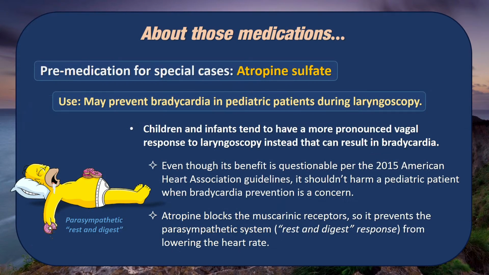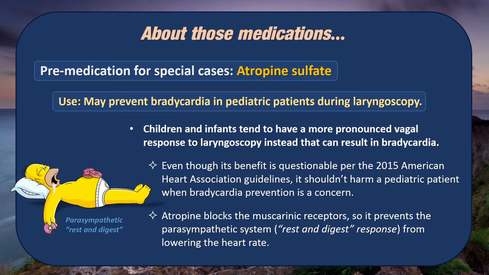Next medication of concern that we may be using for the pediatric population is atropine. This will prevent bradycardia, especially with the use of succinylcholine in the field for the pediatric patient during intubation. Children and infants have a tendency to have a more pronounced vagal response from the intubation process, and this can cause bradycardia.